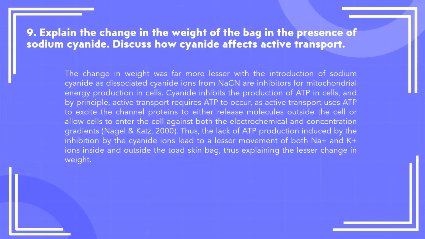Active transport uses ATP to excite the channel proteins to either release molecules outside the cell or allow molecules to enter the cell against both the electrochemical and concentration gradients. Thus, the lack of ATP production induced by the cyanide ions leads to a lesser movement of both Na+ and K+ ions inside and outside the skin bag, thus explaining the lesser change in weight.